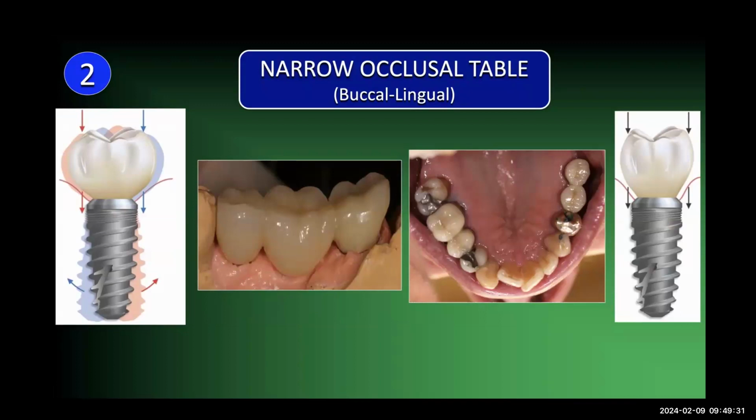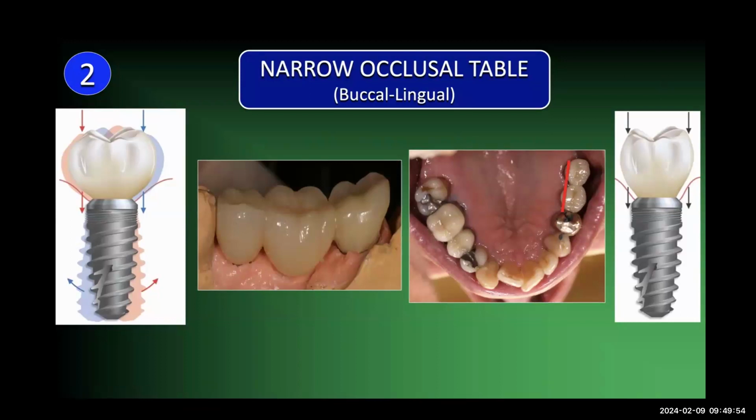We want to narrow the occlusal table. If you have a molar here, a natural molar, which has an 11 to 12 millimeter diameter, and we have a 5 millimeter or 4 millimeter implant, how can we have the same occlusal table? We need to narrow the occlusal table buccolingually. So how do we do that?